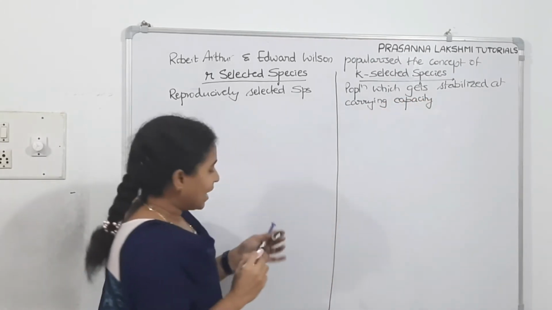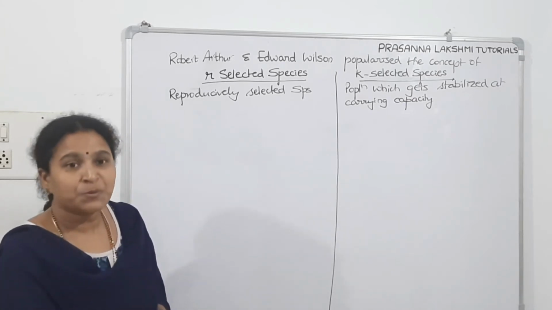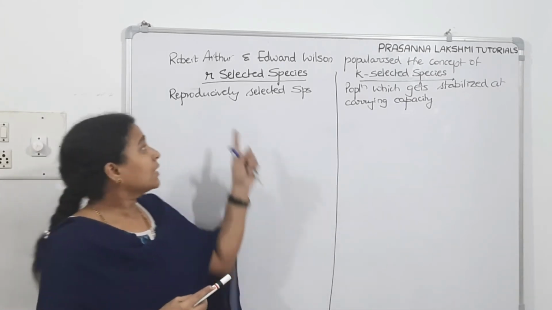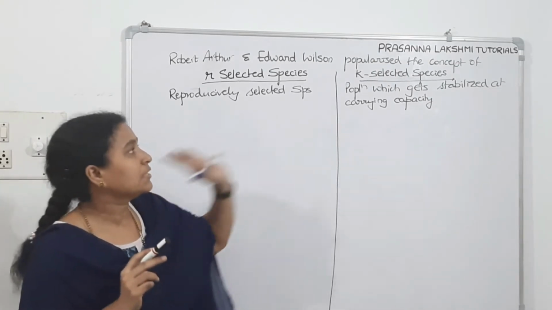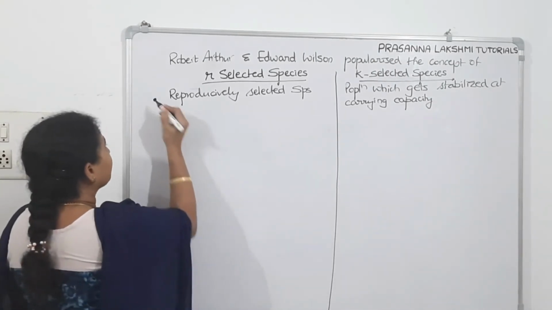R selected are reproductive selected species and K selected are carrying capacity selected species. This is our first point.